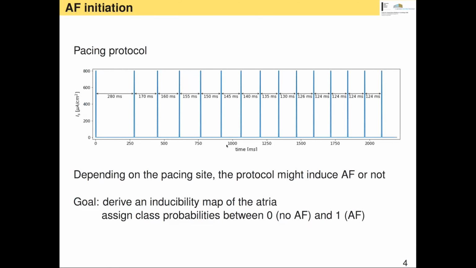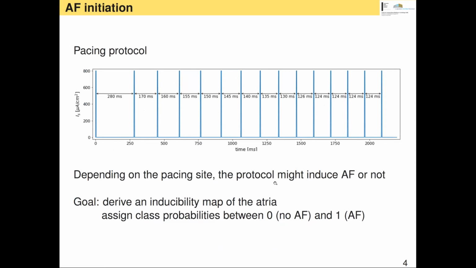To complete our model, we need to be able to evaluate the atrial fibrillation inducibility. For that, we consider a pacing protocol consisting of 15 stimuli delivered at these time instances with decreasing intervals between delivery times. Depending on the pacing site, the protocol might induce atrial fibrillation or not.